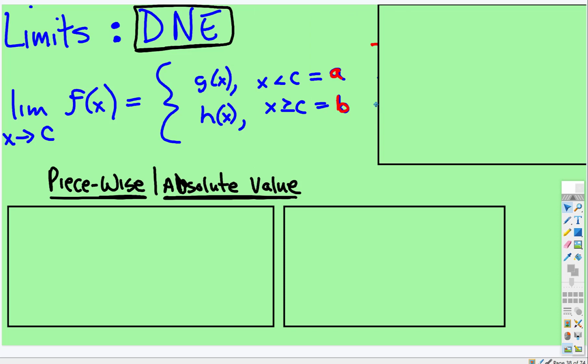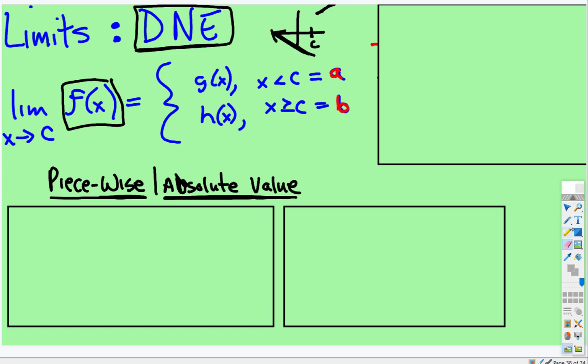So this piecewise function right here, piecewise means if you've got a function, f of x, and it's broken down into two places, so maybe here's c, part of the graph is going this way, and maybe part of the graph is going that way. It's still part of one function, it's just broken down into different pieces.